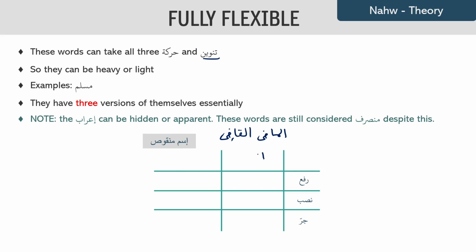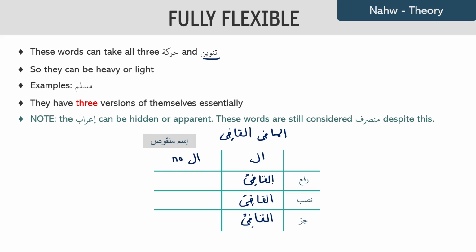These words, when they have alif lam and when they don't have alif lam, are written a bit differently. So in halat al-rafa, when it has alif lam, for example the word al-qadi, you'd say it and write it as al-qadi. In halat al-nasb, it will be al-qadiya. And in halat al-jar, it will be al-qadi.